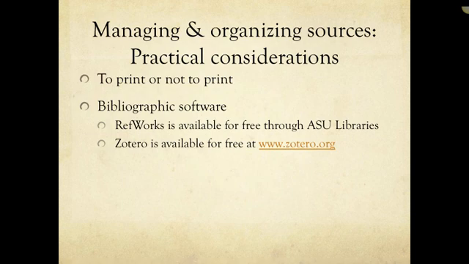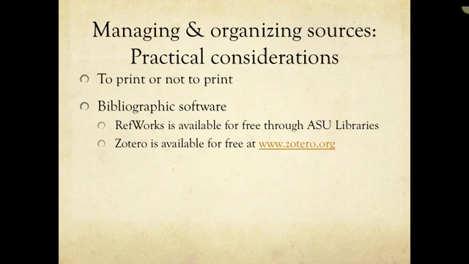ASU has a subscription to what's called RefWorks, and that's available for free through the libraries. The nice thing about RefWorks as well as Zotero is that both will create your citations in APA format automatically, so you don't have to type them out yourself. And right now, both of them are free.